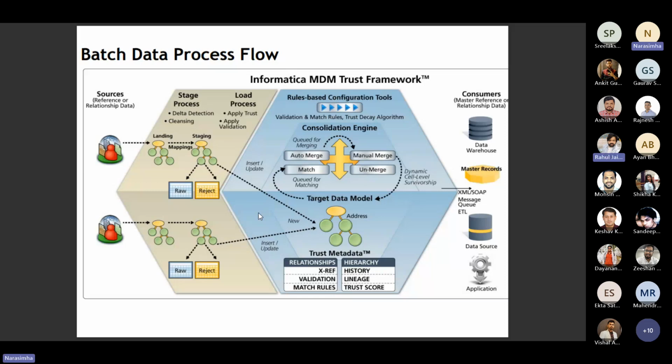In such cases, we can use a union outside MDM, and the combined data will be loaded onto this one landing table. That way we can take care of it, but within MDM, we cannot do that.